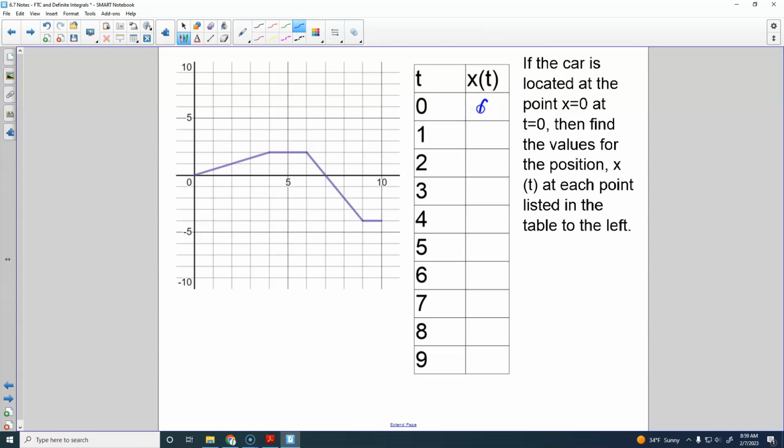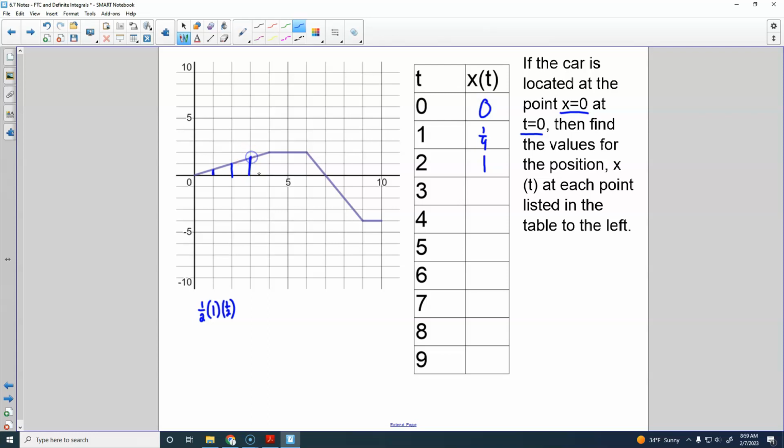Alright, at t equals 0, position is 0. It tells us that, right? If we are looking at 1, I've got this little tiny triangle. It's going to be 1/2 times the base, which is 1, times the height, which would have to be 1/2. So that'd give us 1/4. At 2, now my triangle has a base of 2 and a height of 1, so I'll get an area of 1 there.